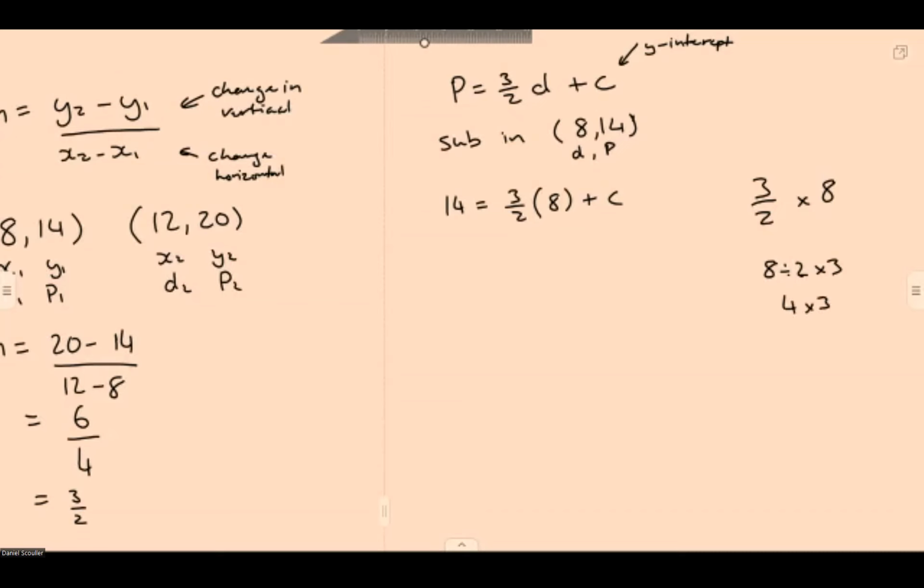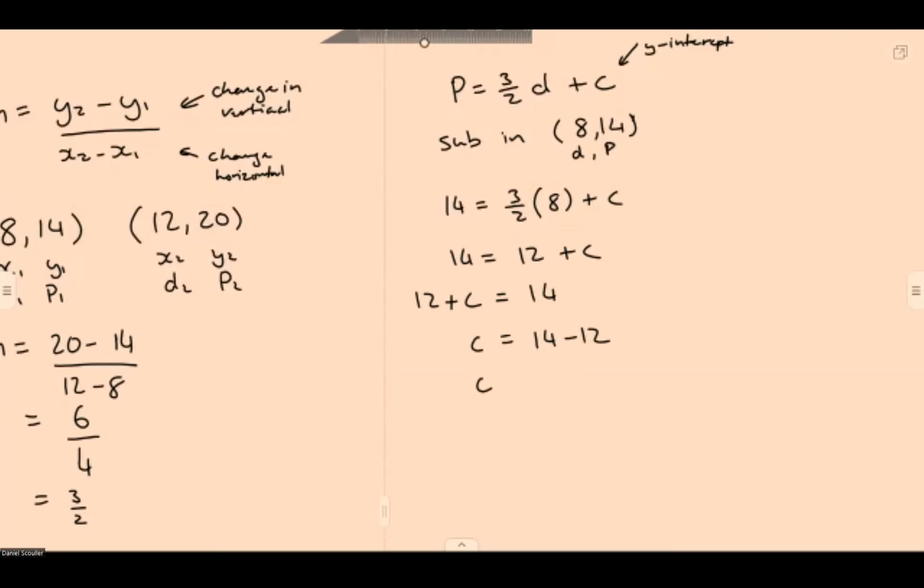So 4 times 3 will also give you 12. So when you've got a fraction like that, do it in the simplest way. So we get 14 equals 12 plus c. I want the subject I'm interested in on the left-hand side, so we'll switch it out and solve that. And that will leave you with y equals mx plus c, or in this case, p equals 3 over 2 d plus 2.